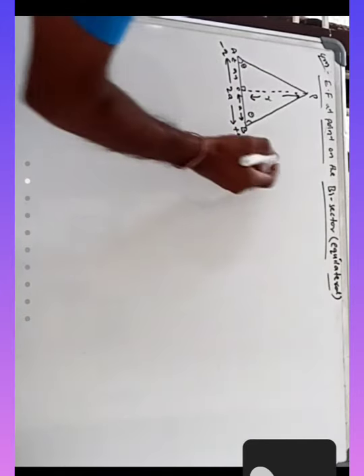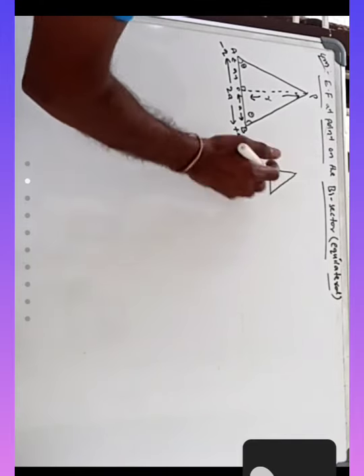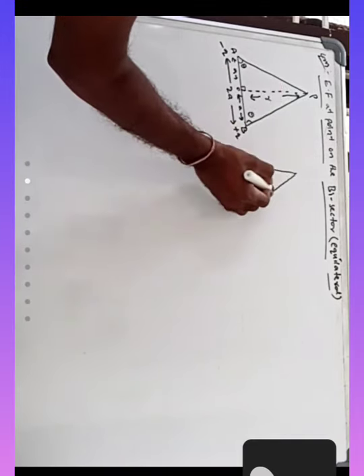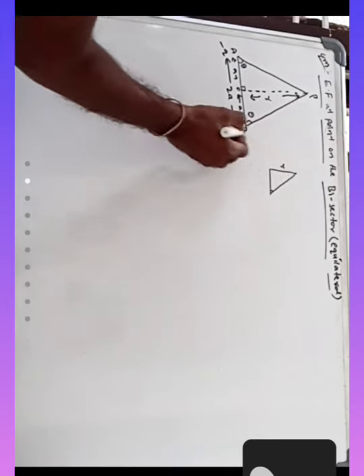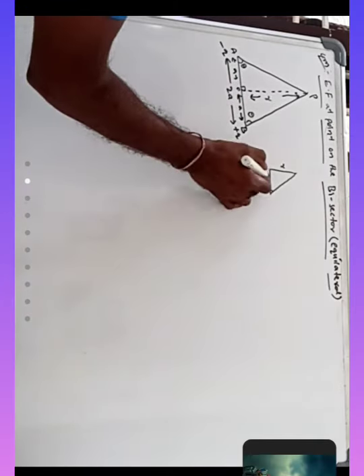Now here, you know about the Pythagoras theorem. The opposite side is r, and 2a is there. Now here, the perpendicular is a.